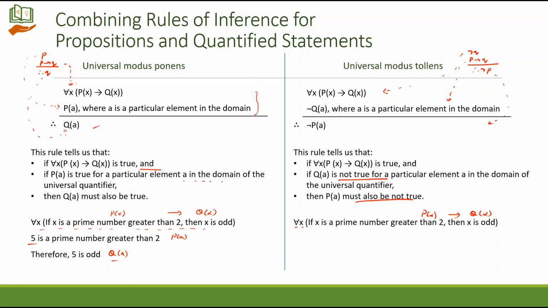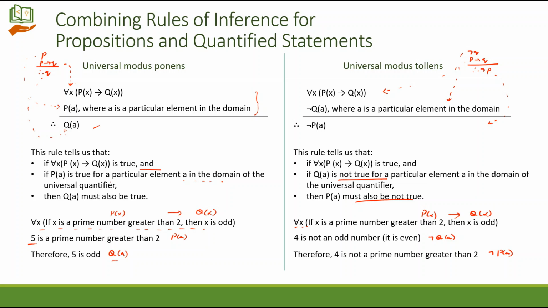Now we will pick a number called 4. 4 is not an odd number. Actually, it's even number, right? So this is negation of Q of A with respect to the particular element called 4. Even number 4 is not a prime number greater than 2. We know 4 is not a prime number. In that context, we can say this is negation of P of A with respect to the particular element, that is 4.